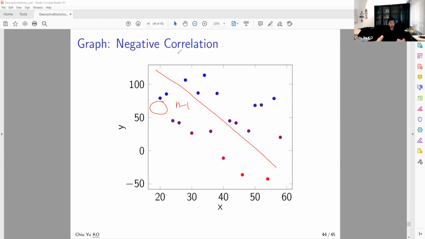That will be given by this correlation coefficient. There are other measurements, but this R square is closely related to what we are trying to estimate.